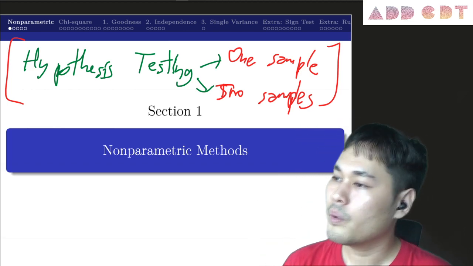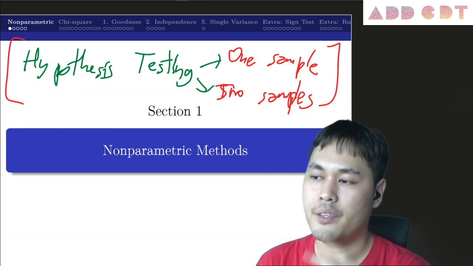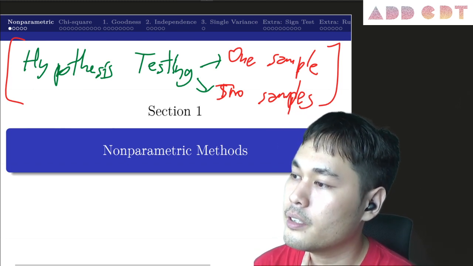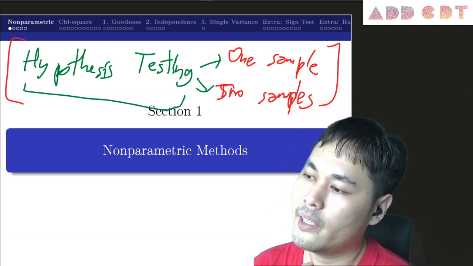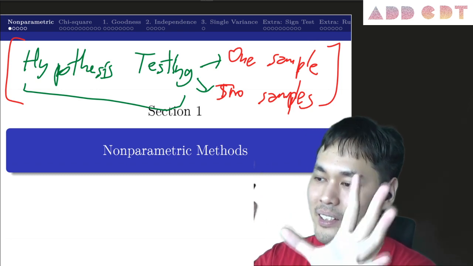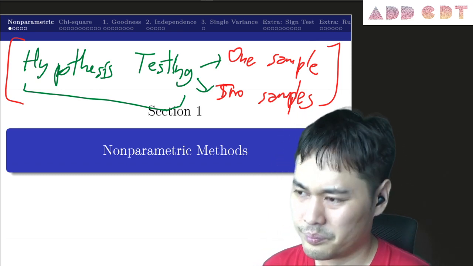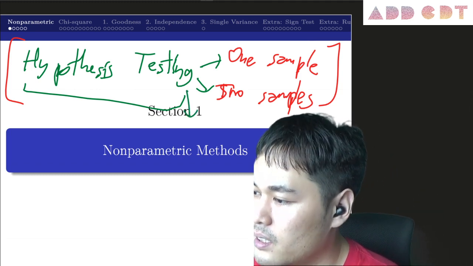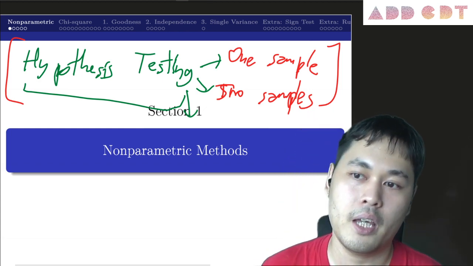So now we are at the final topic, which is still the same concept. We still do hypothesis testing. I think the name of the topic is kind of confusing, because this is also a part of hypothesis testing.